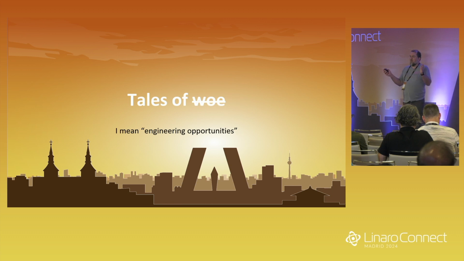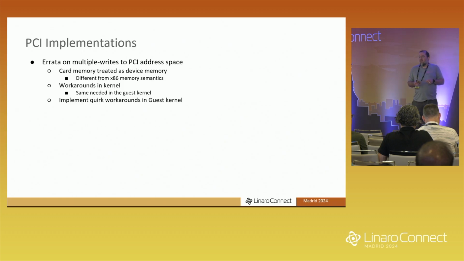Okay, so just a few notes about the journey we've taken onto doing this demo. PCI implementations. This seems to be a very hard thing to do. We've run into problems on the platform that we're using with the way that it deals with PCI device memory. There are subtle differences between the way that x86 deals with mapped bar regions and the way that ARM deals with it.